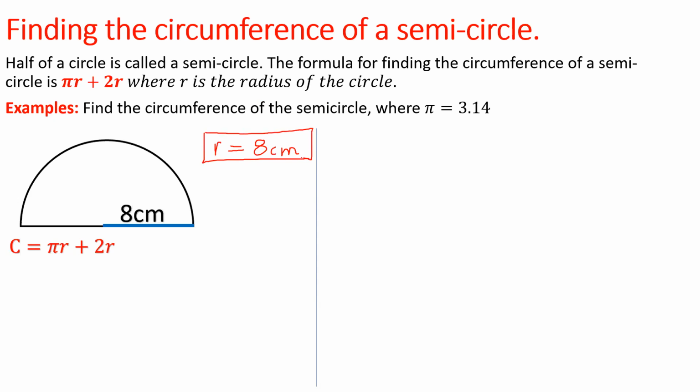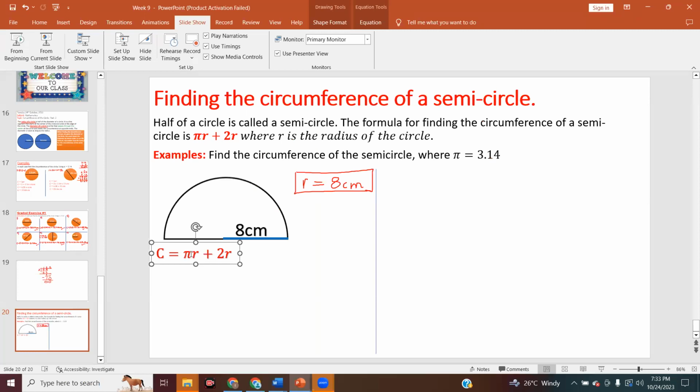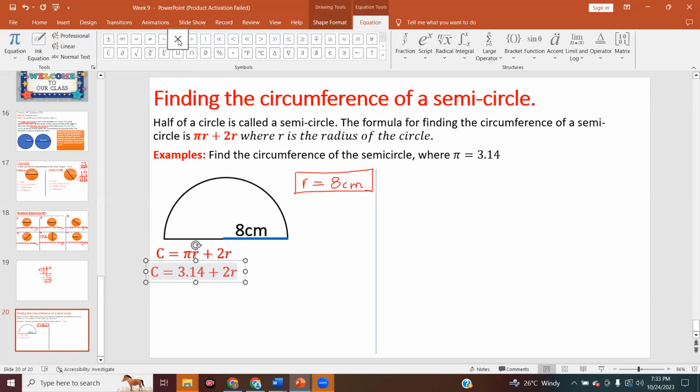So all we need to do now is substitute. We know that r is 8 and pi is 3.14. What is pi? 3.14. Good. And r is 8, so pi times r is 3.14 multiplied by 8. Let me put this in brackets.